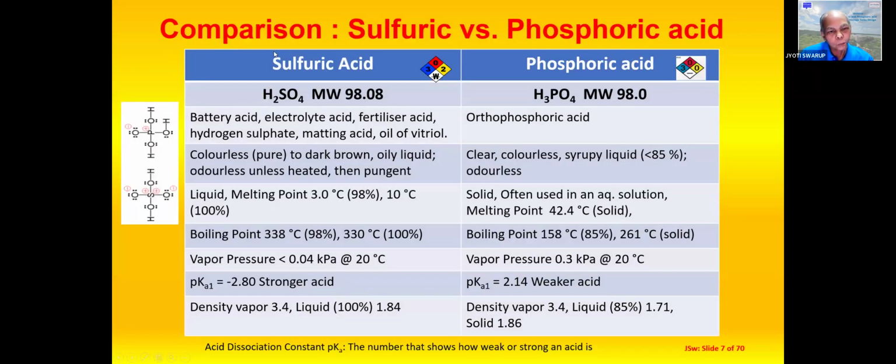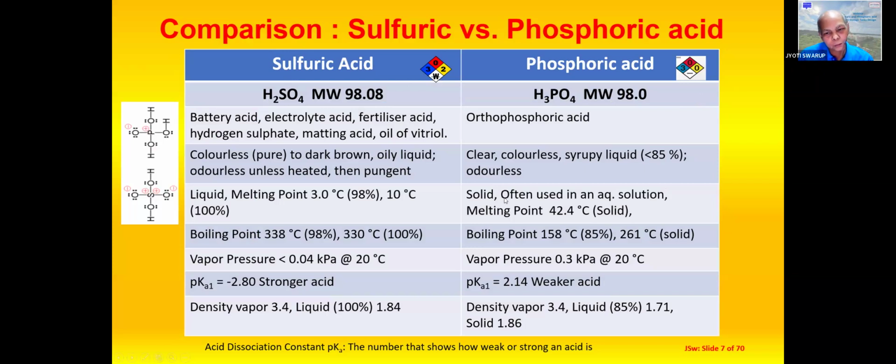Now, the two acids, phosphoric acid and sulfuric acid, what is the comparison between the two? Both have a molecular weight of 98. One has 2 hydrogen atoms, the other has 3 hydrogen atoms, according to the P and S characteristics.